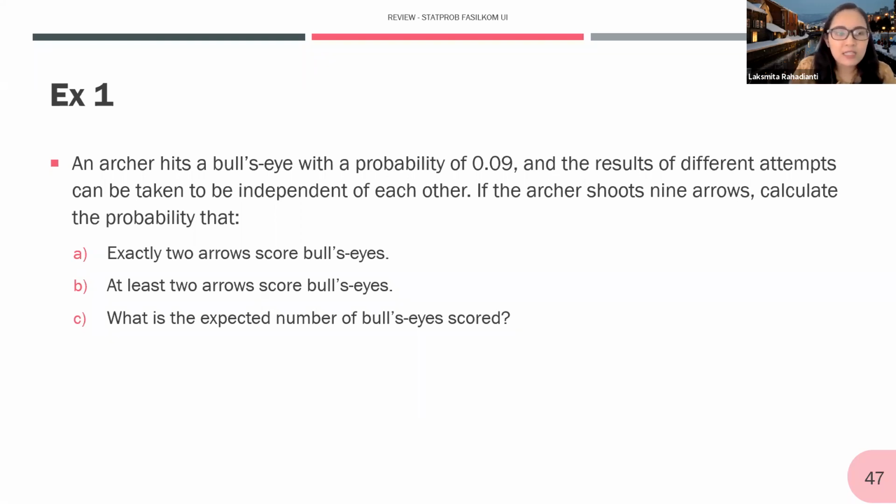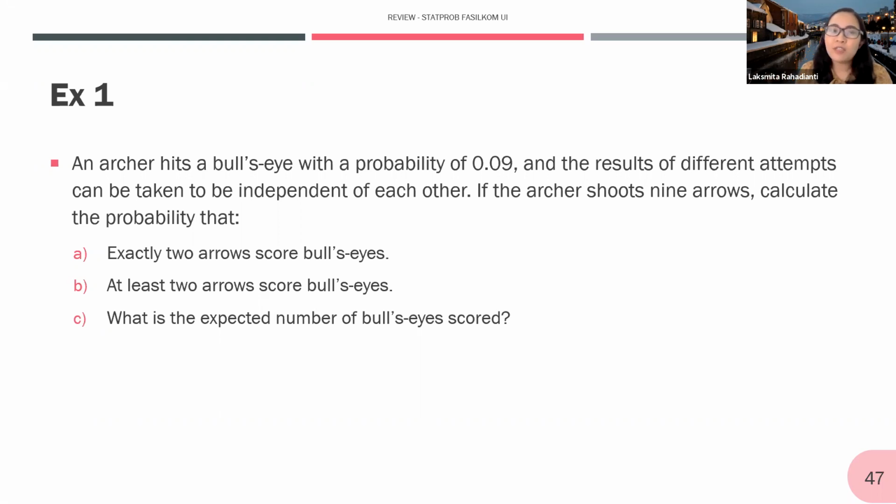So I know that when this archer shoots an arrow, the possibility is either hitting the bullseye or not hitting the bullseye. So we know that it is building on a Bernoulli trial.